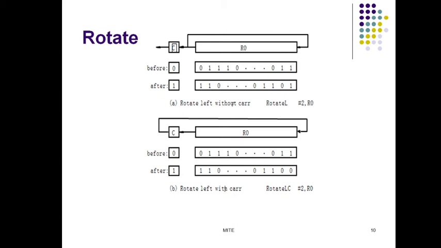We shifted 0 first, so write 0 here. It is rotated and coming back to this position. Next is 1, which we have rotated, so 1 also comes here. These two bits that we are rotating will be appended at the end. So this is rotate left without carry.